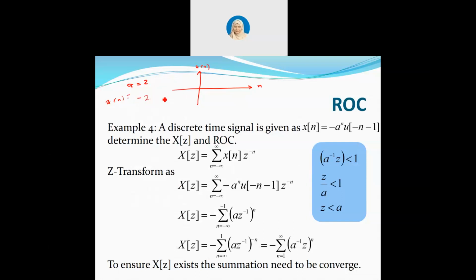Negative 2 to the n and u[negative n minus 1].